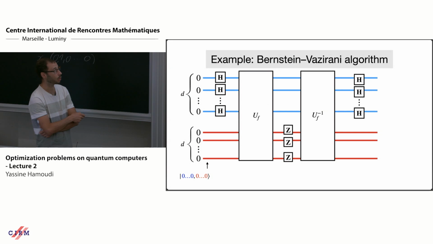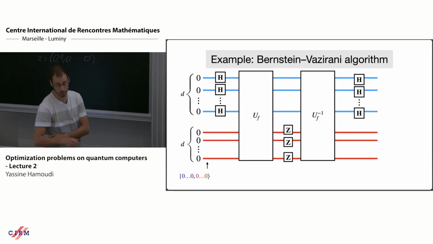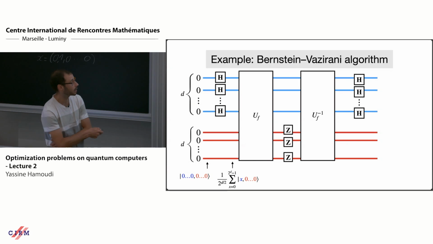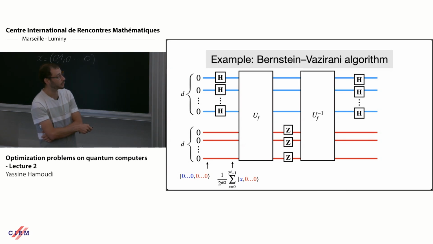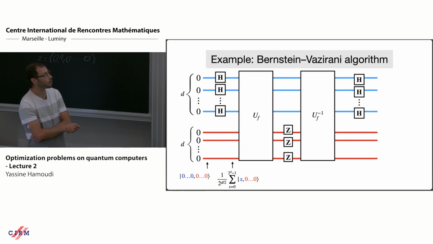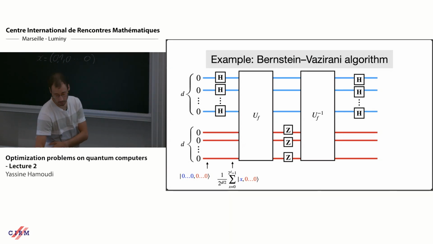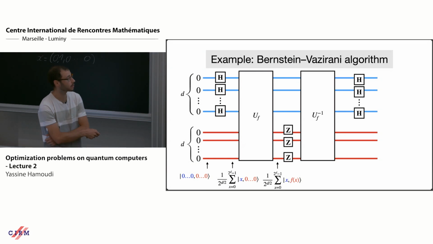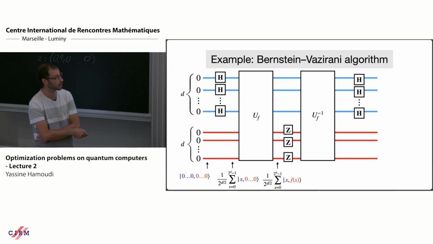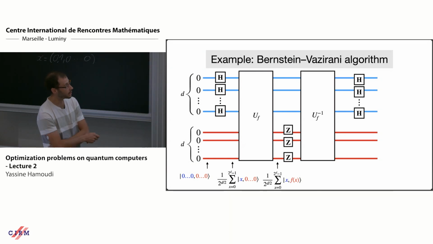Initially, you start in the all zero state, then you apply the Hadamard transform on the top qubits. So here is the state that you obtain, a uniform superposition over all possible bit strings on the top register. Then you apply the quantum oracle on the state. So you would obtain the following quantum state, and then the operation on the bottom register.